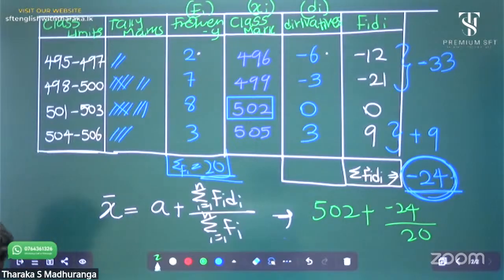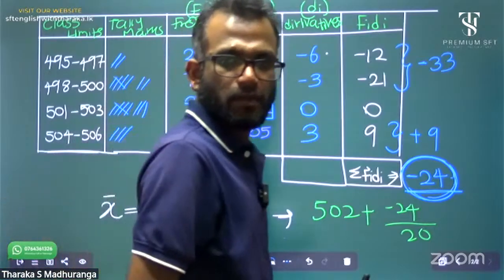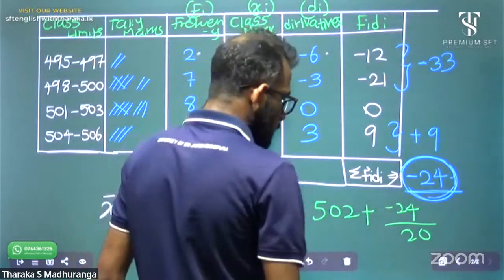It's 1 point... 1.2, but it is minus 1.2.